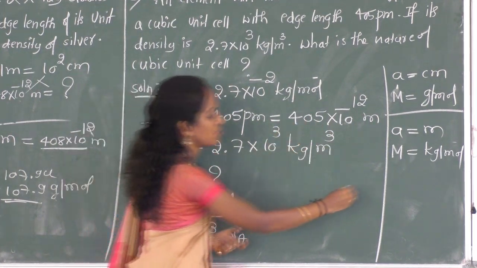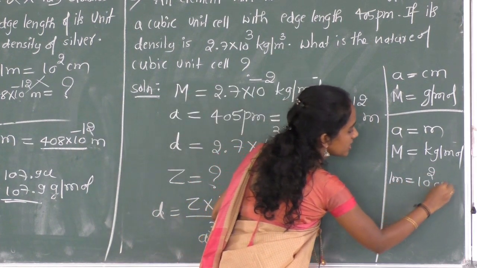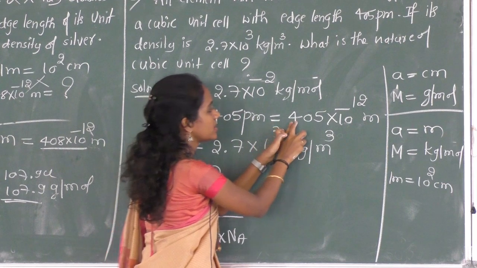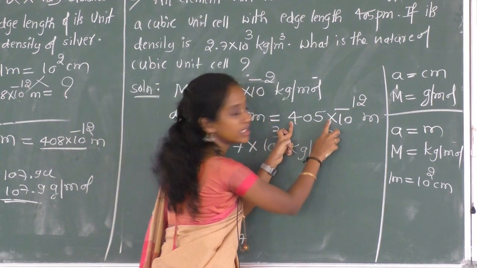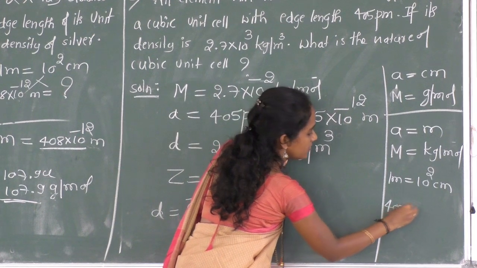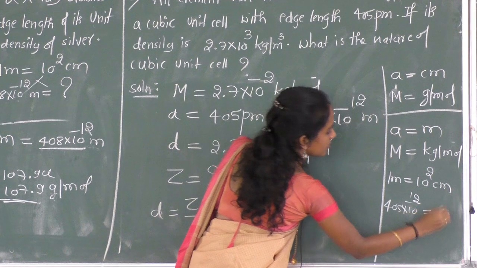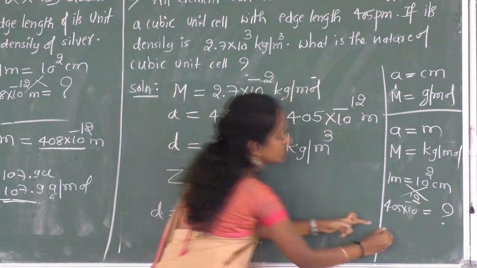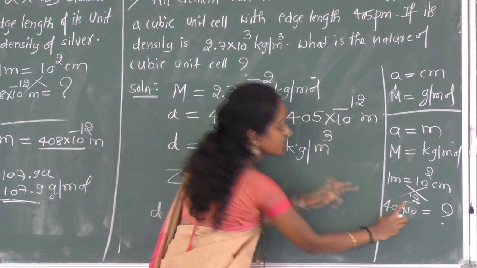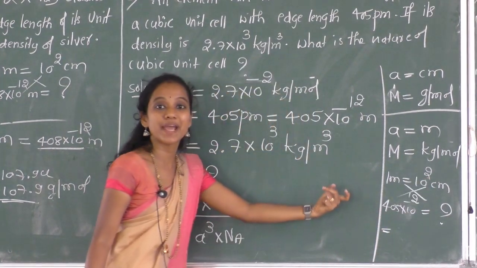So we know that 1 meter equal to 10 to the power 2 centimeter. So 405 into 10 to the power minus 12 meter, which is equal to how much? Do the cross multiplication. So here 10 to the power minus 12 into 10 to the power plus 2. It becomes 10 to the power minus 10.